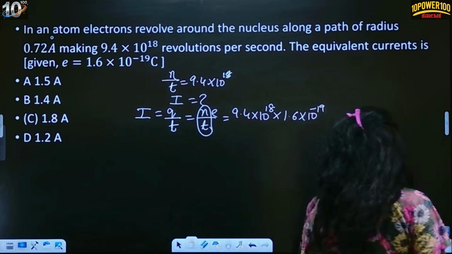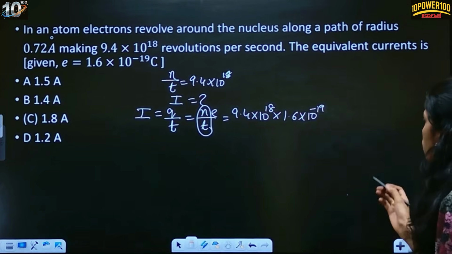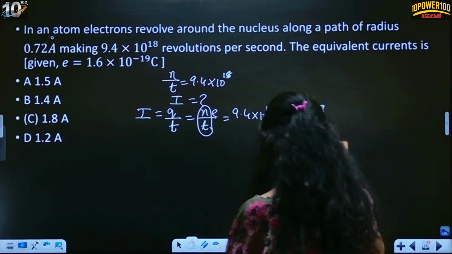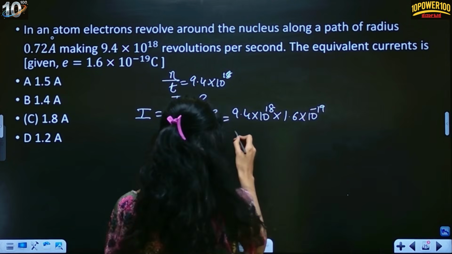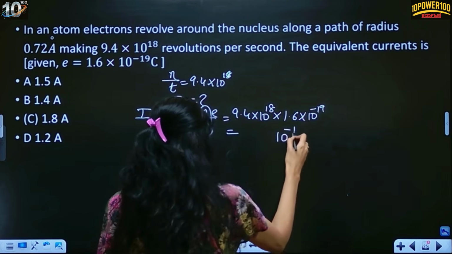So if you solve this, how much are you getting? Just calculate 10 power 18 into 10 power minus 19, which is 10 power minus 1.